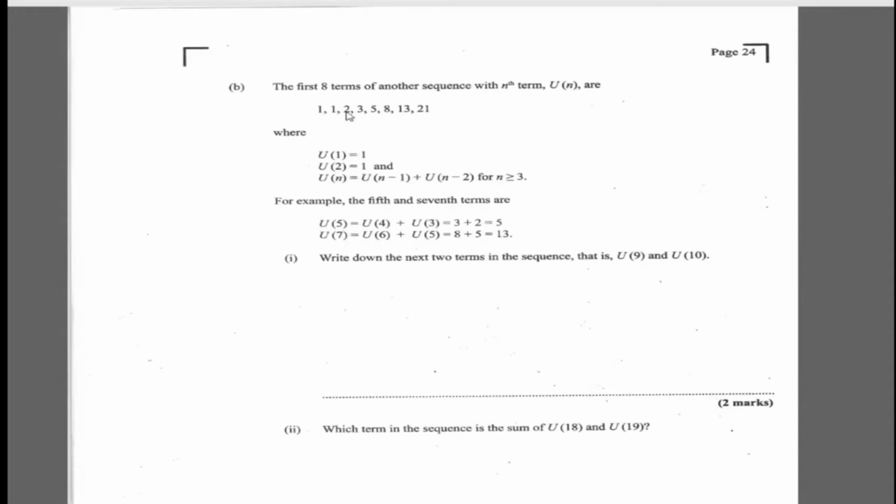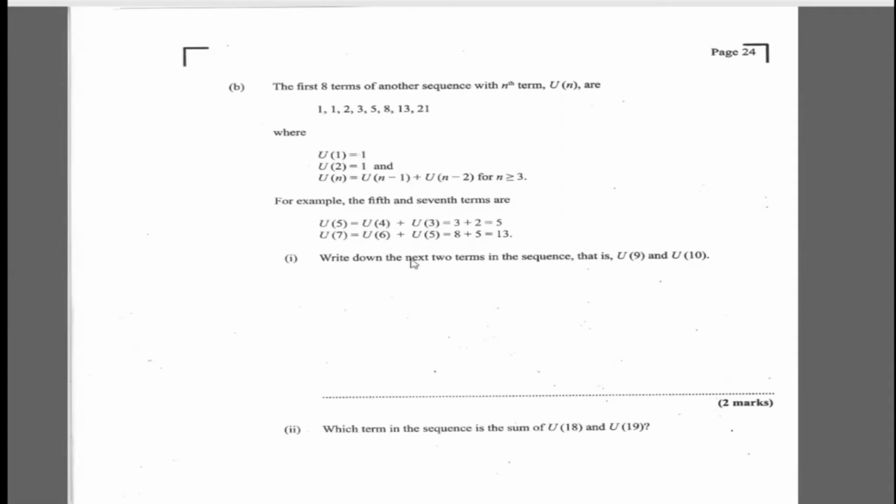Whenever a sequence has each term depending on the preceding terms, it's a Fibonacci sequence.